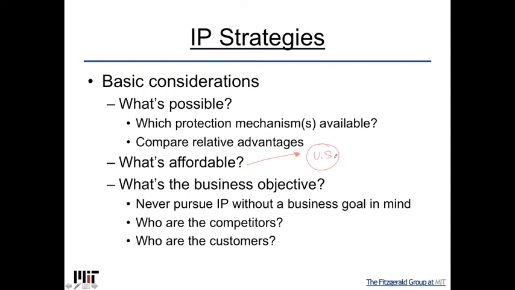It's got good protection. It's easier to enforce than, say, in China. Then what you would do is get the patent in the U.S., and anytime the invention comes across the border, you can stop it if the person outside isn't giving you a license or doesn't have permission to use your invention.